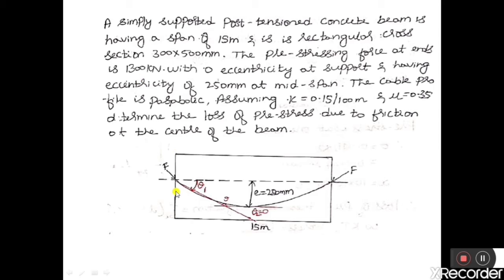So let us consider a beam of cross section 300 by 500 mm whose length is 15 meter. The cable profile is parabolic, where the eccentricity is 250 mm at midspan and 0 at ends. So a prestressing force of 1300 kilonewton is applied at this end and this end.